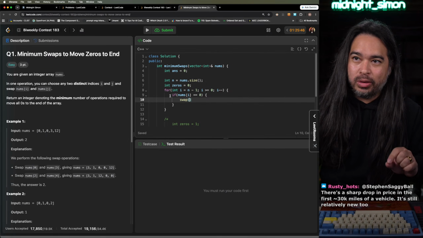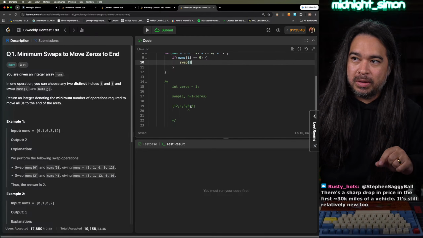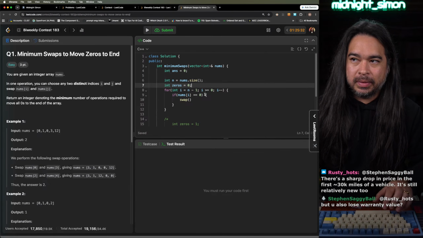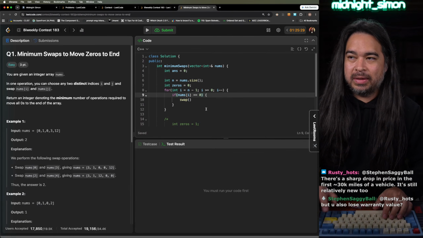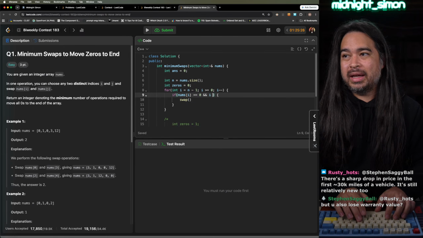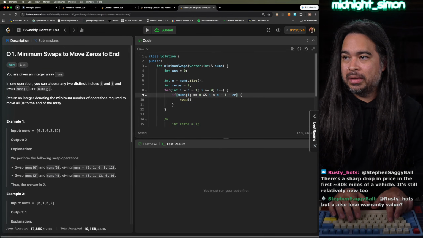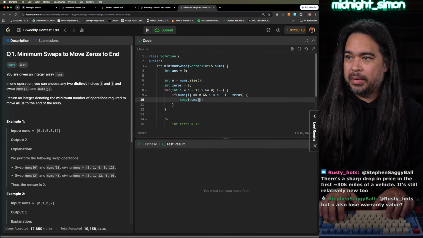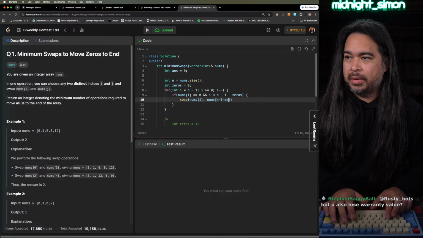Alright, what's going through my mind right now is I don't want to do any unnecessary swaps. So if this number is already at the end, I don't want to count that, right? So if it's a 0 and i is less than that, then we can swap it, maybe. n minus 1 minus zeros.